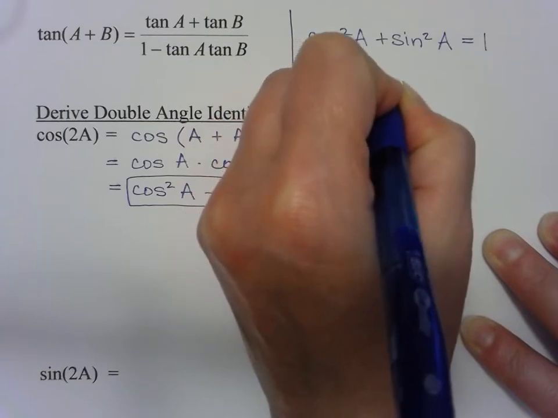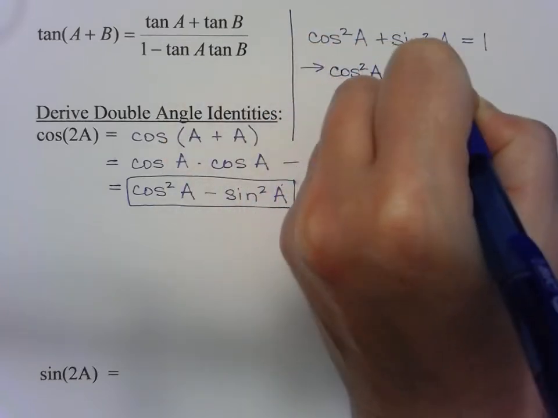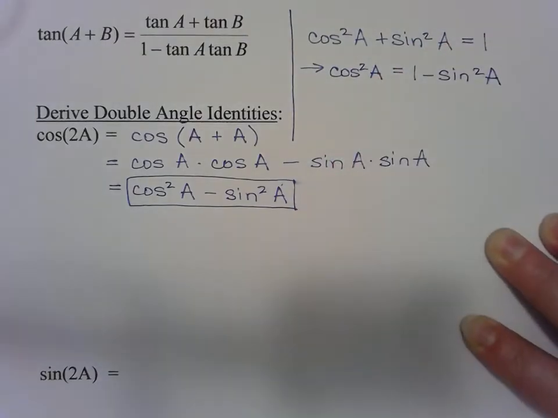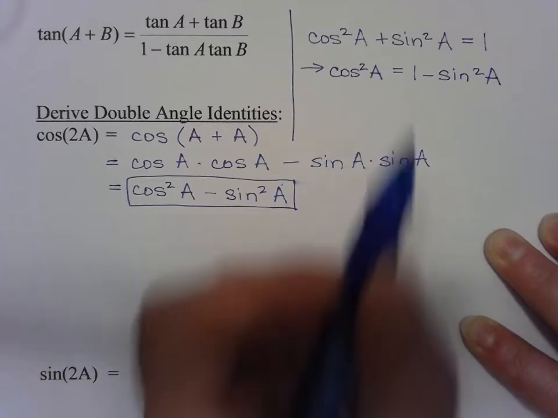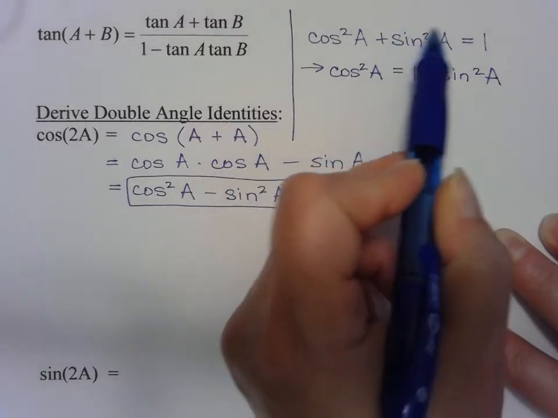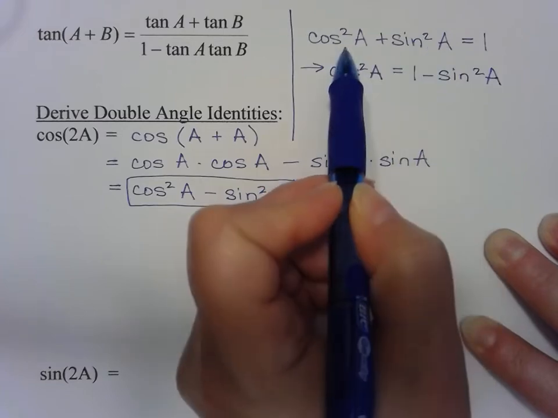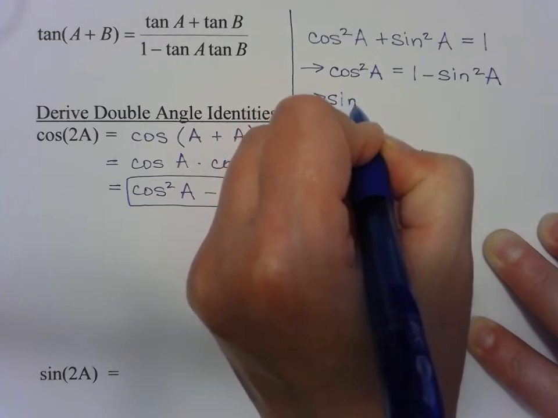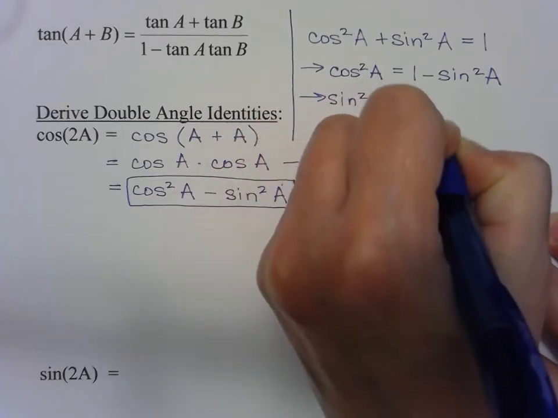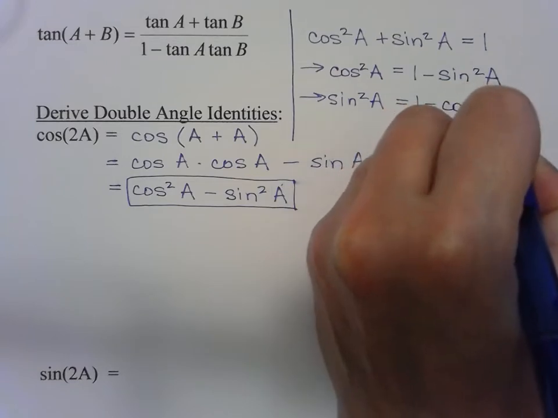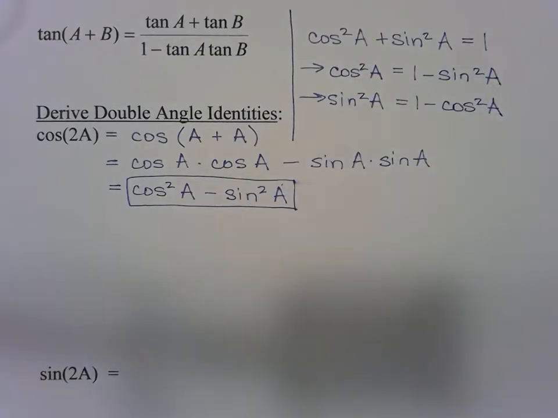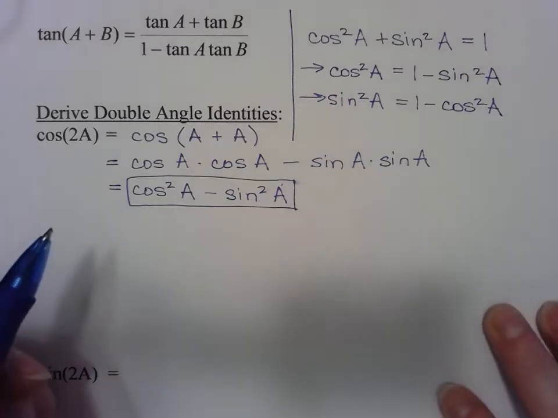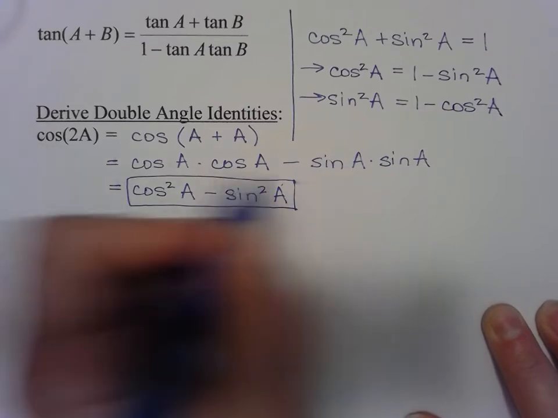So one thing we can use to derive another identity is this relationship for cosine. We can do the same thing for sine squared. If I wanted to solve for sine squared, I could move cosine squared over to the other side by subtracting.